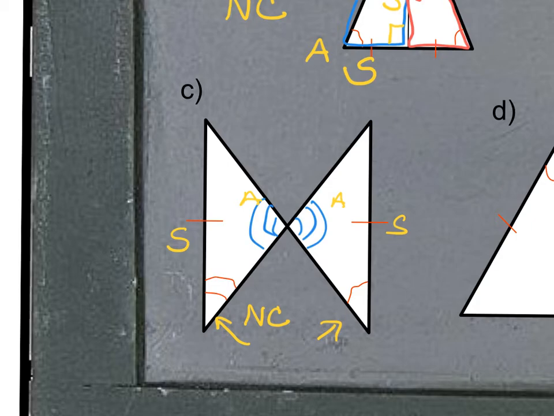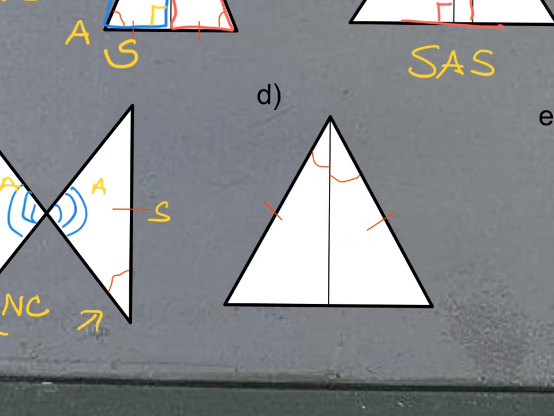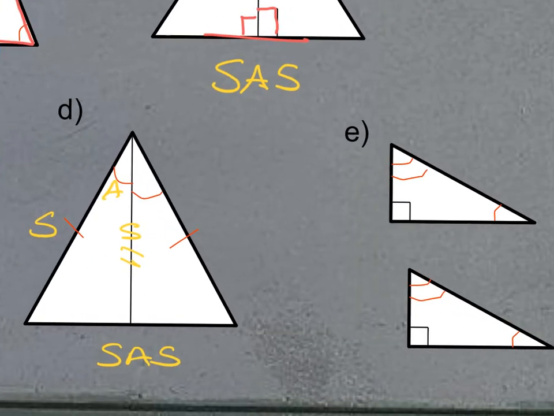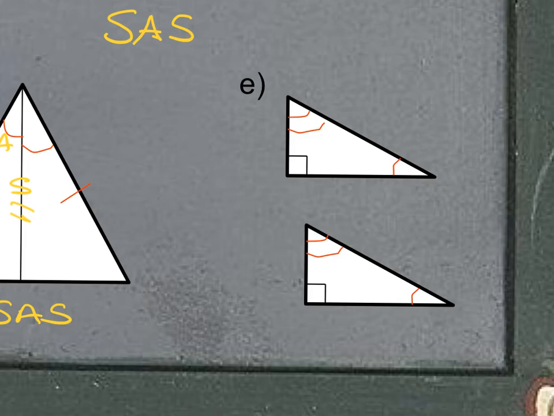Let's try the next one. This one is actually the same as B. So this is congruent by side, angle, side. Side to the angle to the side here. And then the last one on this slide, I do not have any kind of sides marked here.